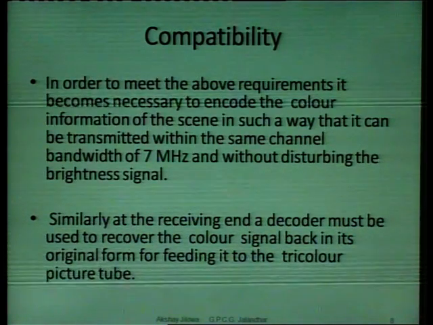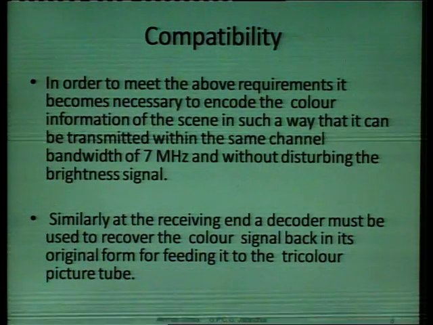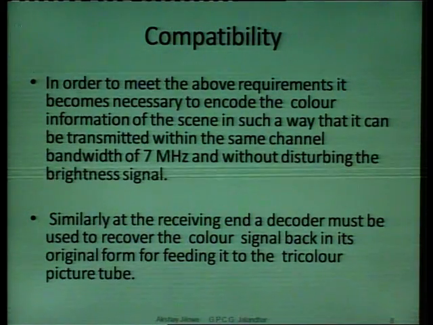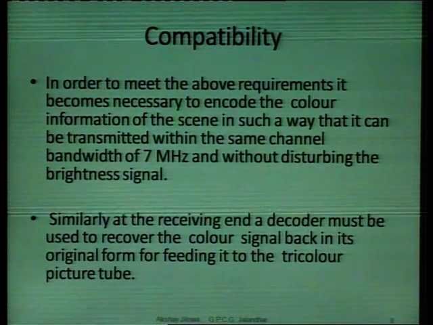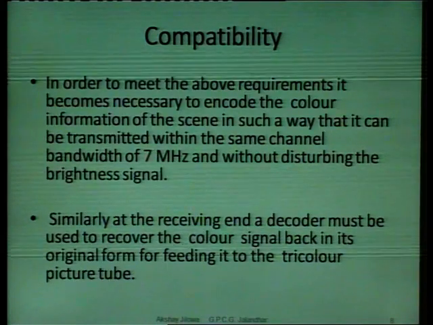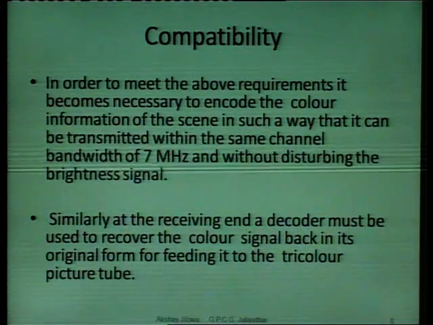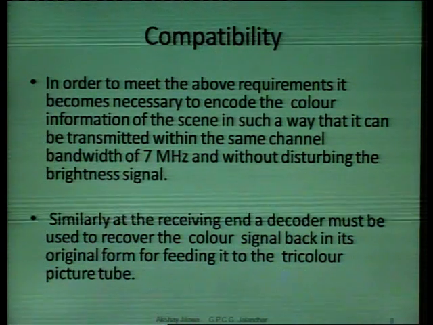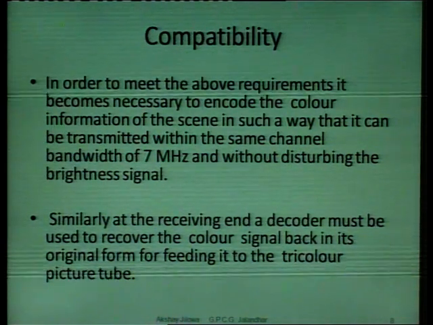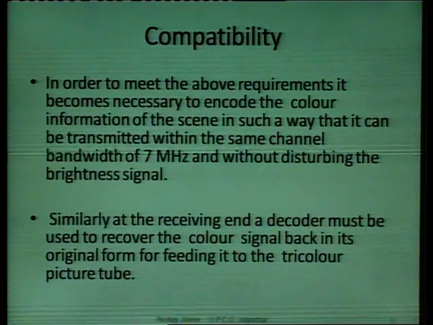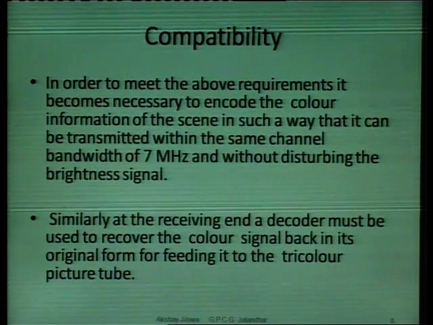In order to meet the above requirements, it becomes necessary to encode the color information of the scene in such a way that it can be transmitted within the same channel bandwidth of 7 megahertz and without disturbing the brightness signal.